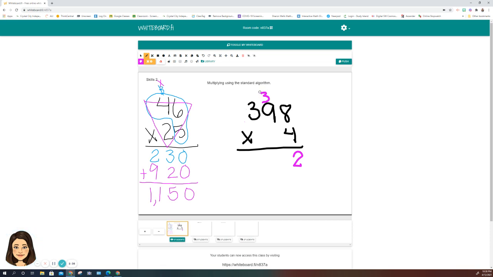Plus 3 is 39. 4 times 3 is 12. Plus 3 more. 13, 14, 15. Your answer is 1,592. So that's multiplying 2 by 2, multiplying 3 by 1.